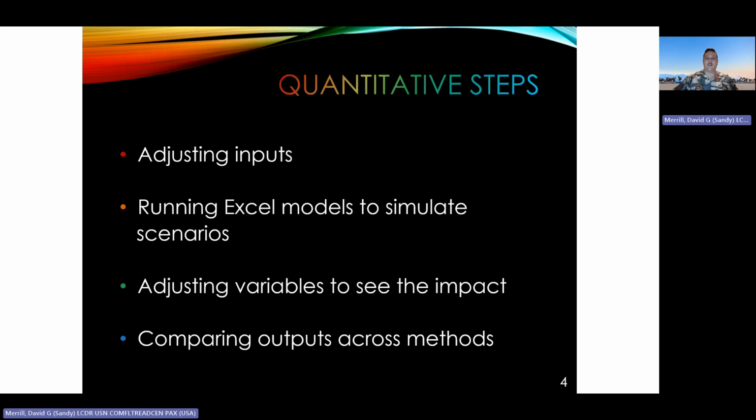Quantitative analysis gives us the numbers. Here's what that looks like: adjusting inputs like sales volume, costs, or discount rates, running Excel models to simulate multiple scenarios, adjusting one variable at a time while holding others constant to see the impact, and comparing outputs like NPV, IRR, and payback period methods.